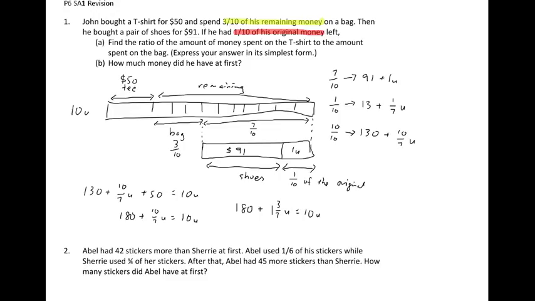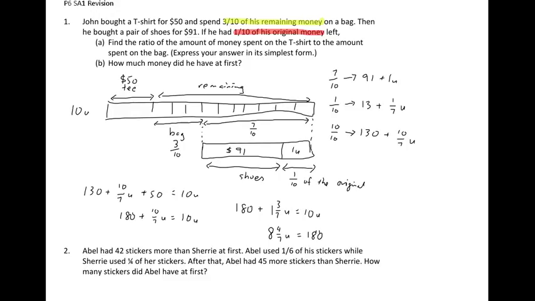If I were to bring this over to the other side, am I supposed to subtract it? So I have 10 minus 1 whole 3 over 7. I will get 8 wholes 4 over 7 units equals 180.